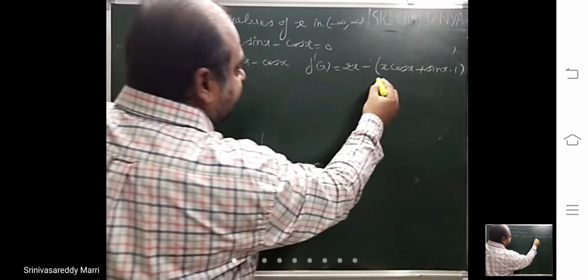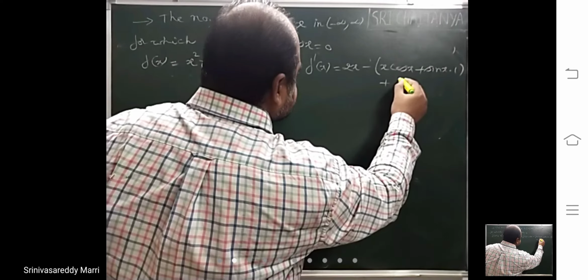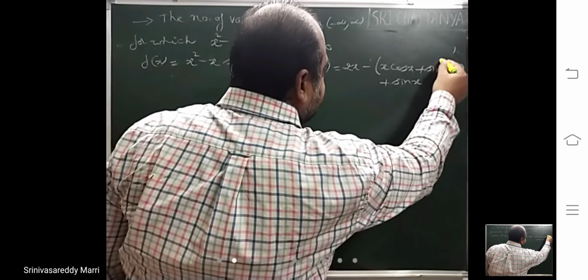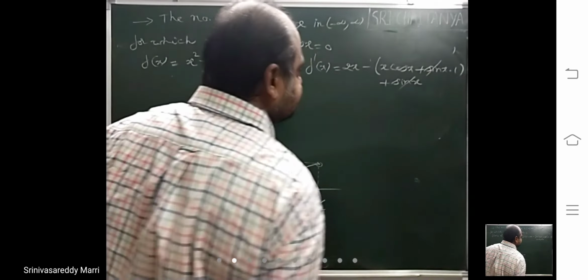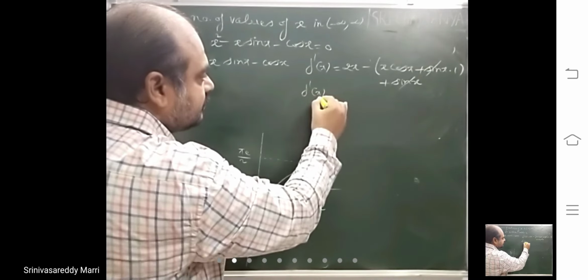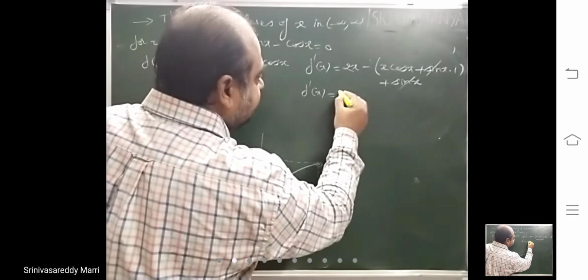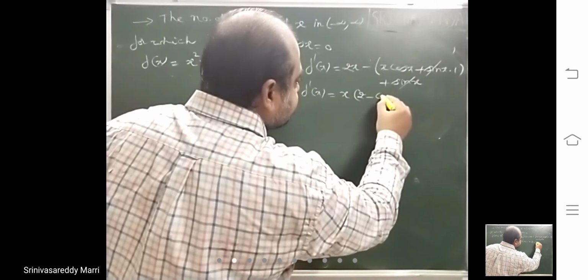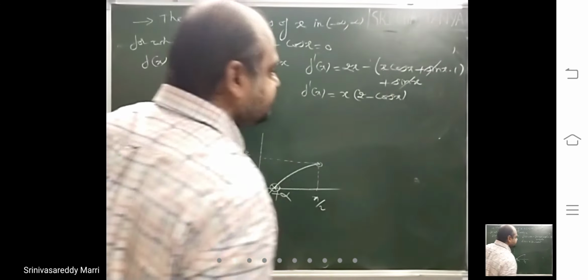So now this is minus of minus sin x, that means plus sin x. So this sin x and this minus sin x get cancelled. F dash x equals, take x common here, x into 2 minus cos x.